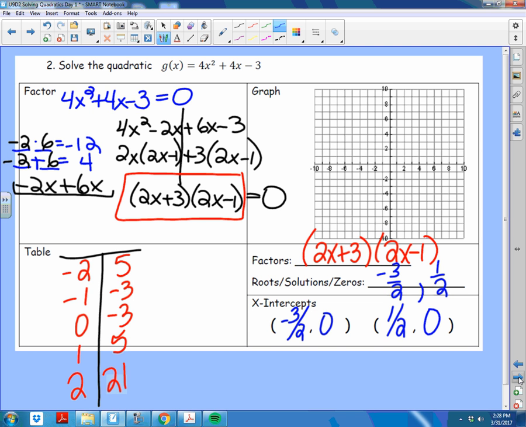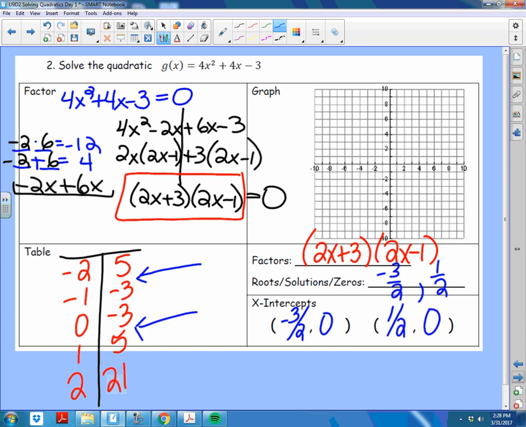You cannot. Can you find out kind of where they are from the table? Where would the y values become 0? Between 5 and -3, and between 5 and -3.